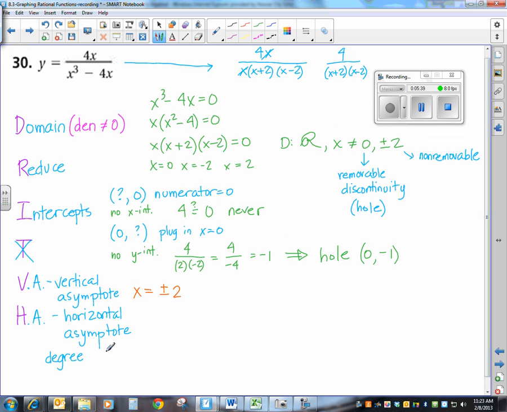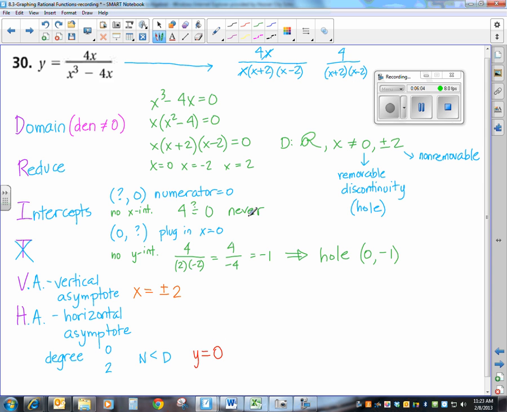What's the degree of our top, of our numerator? It is 0. The degree of the denominator is 2. So if the numerator is less than the denominator, then where is my horizontal asymptote? If the numerator degree is less than the denominator degree, then you're going to have it at y equals 0.